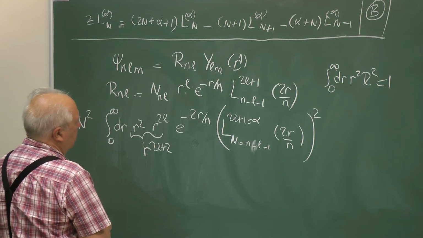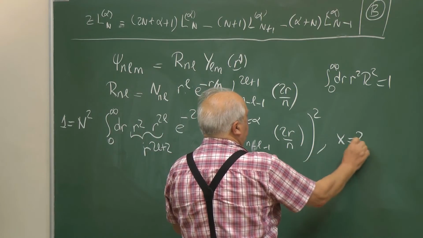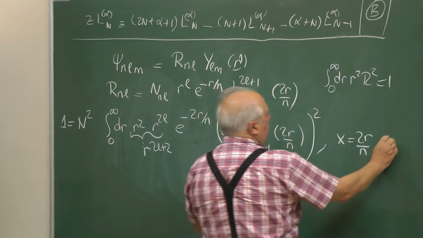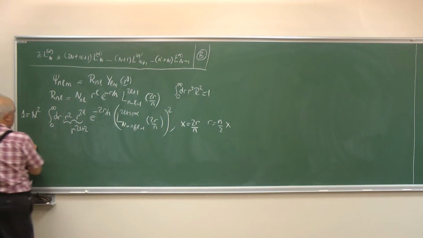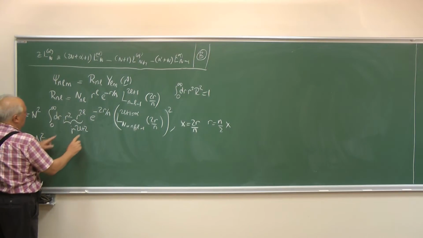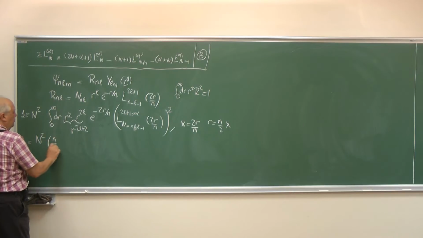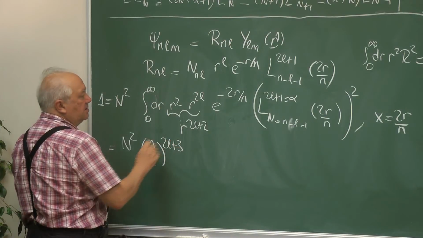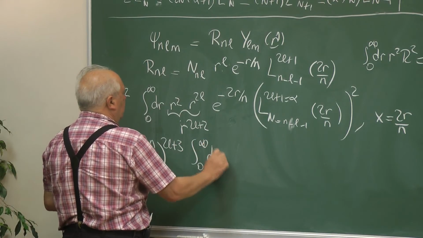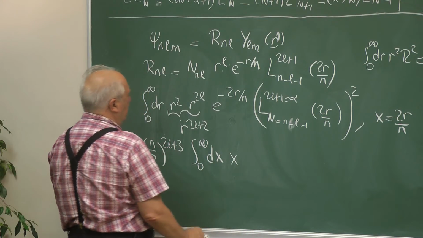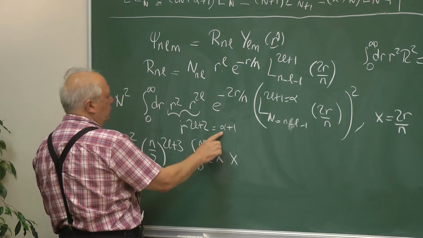And let us change the variable. Let's say x equals 2r over n, so r equals n over 2 times x. So this is equal to N squared, n over 2 to the power 2l plus 3, times the integral from 0 to infinity dx x to the alpha plus 1. Alpha is 2l plus 1.